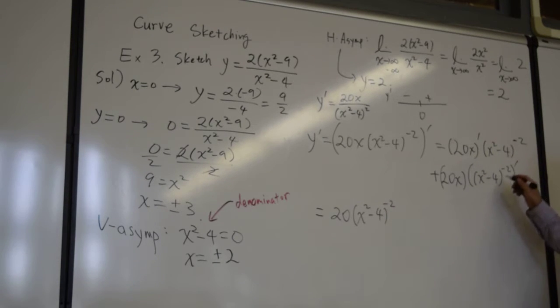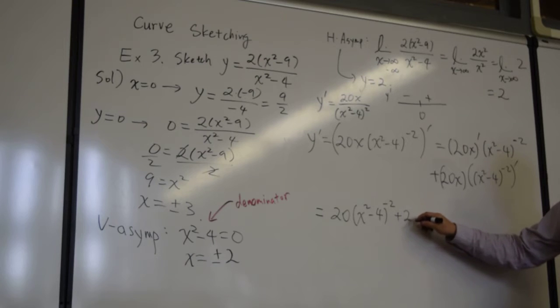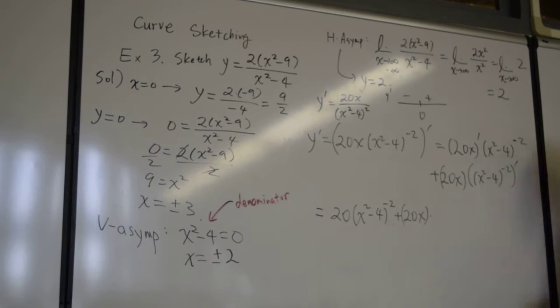And then differentiating this, now you need the chain rule, but hopefully you practiced a lot with the chain rule that this is like an easy question to change. The negative 2 comes in front. Subtract 1, that's negative 3. Pull the inside out and differentiate, that's 2x.